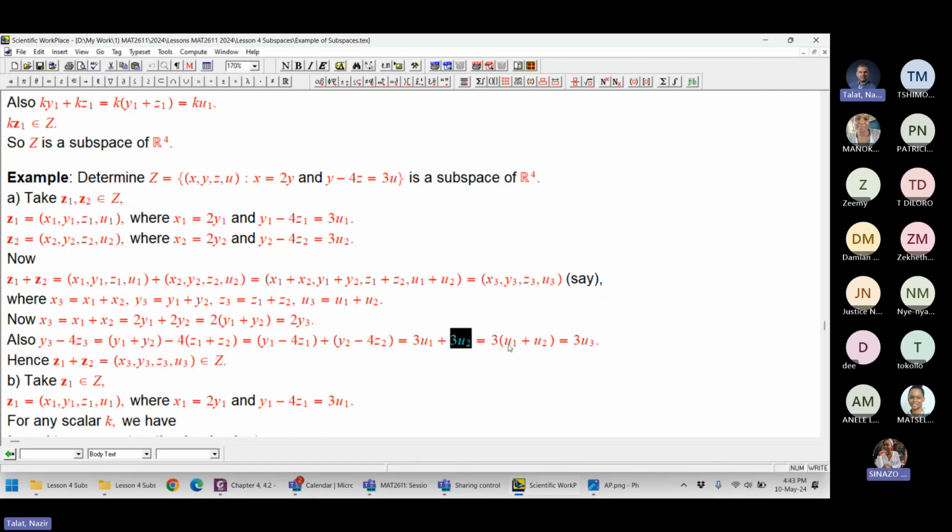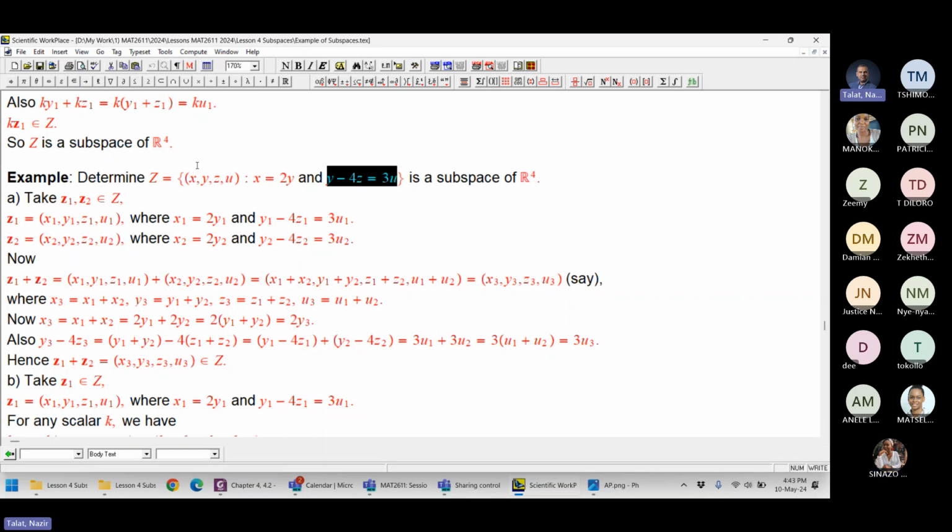If we take 3 common, it becomes u1 plus u2, and u1 plus u2 is u3. So it means that 3y3 minus 4z3 is 3u3. Like the second element minus 4 times the third element is equal to 3 times the fourth element, because this is the relation which holds.